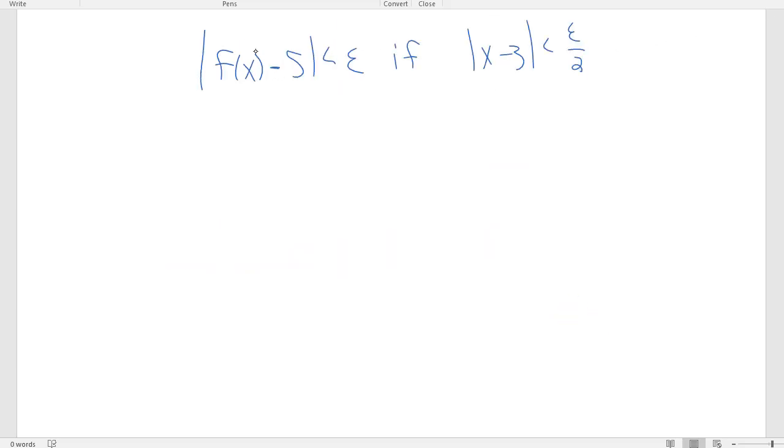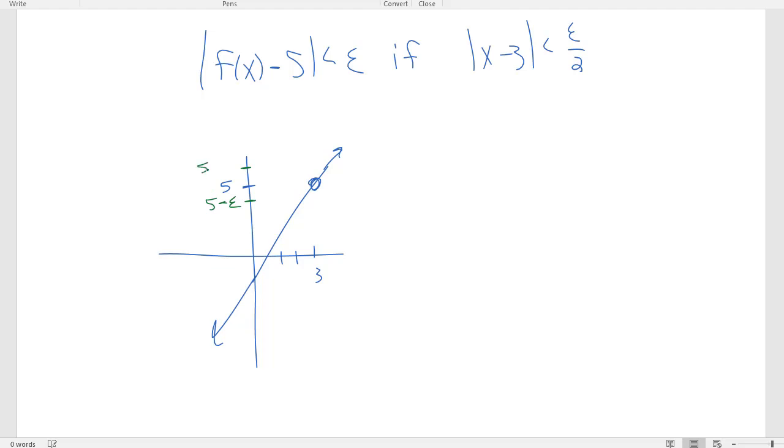All right, so again, I'm a visual learner, so I'm going to look at this visually. When we drew this graph a couple minutes ago, here is the graph of 2x minus 1, and we had an open hole here. So at x equals 3, we were approaching 5. Again, we want this to be 5 minus epsilon, and this to be 5 plus epsilon.